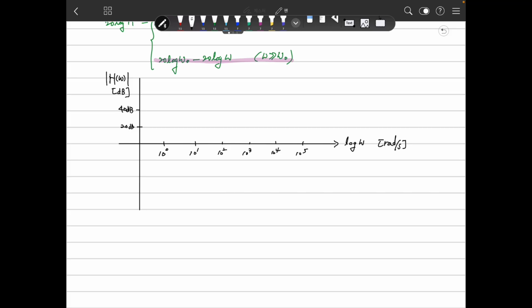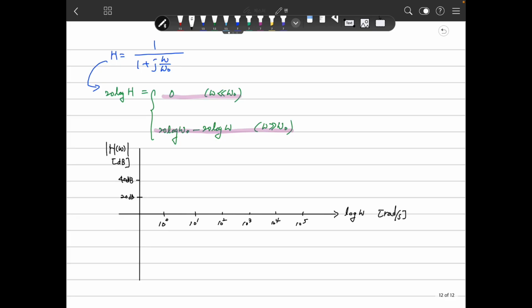In this area the slope is 0 dB per decade. But in this case the slope is minus 20 dB per decade.